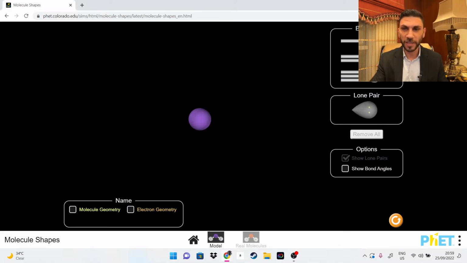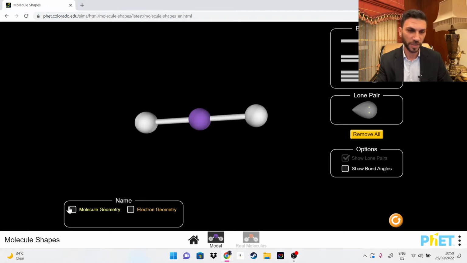If you check here, this is, for example, the central atom, which is A, and we have 2 shared pairs, and this is the geometry of the molecule in space, as you can see. It's going to be linear to minimize the repulsion between the shared pairs. The molecular geometry is linear, and the bond angle is 180.